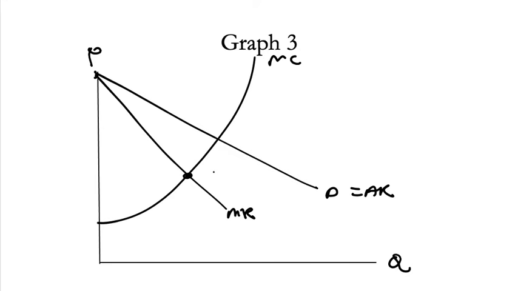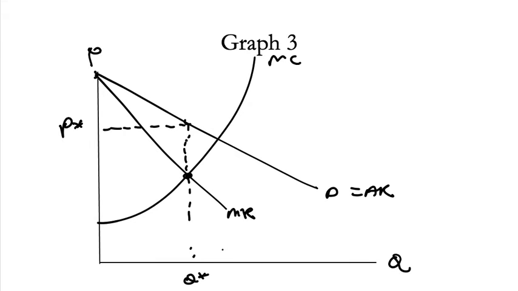So where is the price? As usual, here's the demand curve, which is here and here. So P star, and quantity is here, Q star.